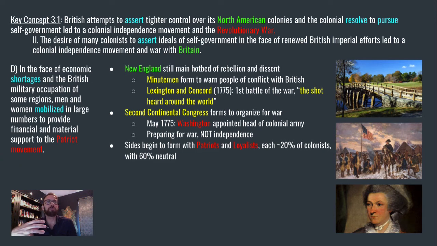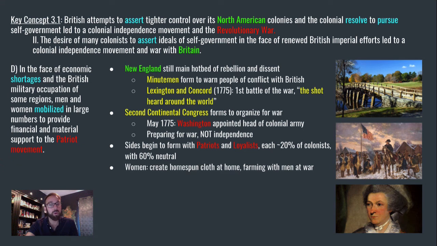If we win the war, I'm still going to be a farmer. If the British win, I'm still going to be a farmer. It didn't change their economic livelihood or their lives, so they really just stayed out of it. And because there's low support of the Patriots at the time, that's why there isn't a big push for independence right away.